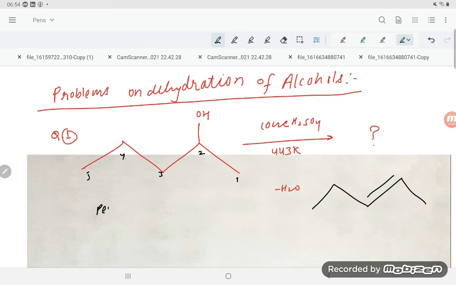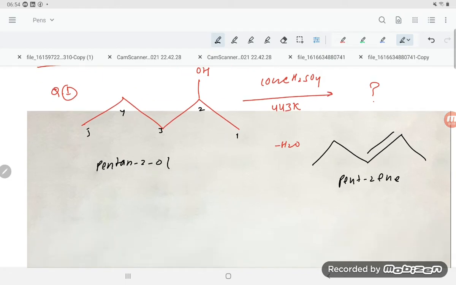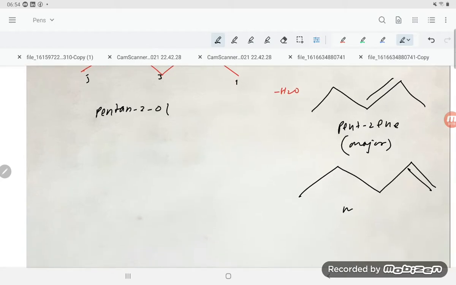This is pentane, pentan-2-ol, and it is giving pent-2-ene. It is not giving pent-1-ene. This is the major product. There is a possibility that it can give this compound, but this is the minor product. According to Saytzeff rule, pent-1-ene is the minor product.